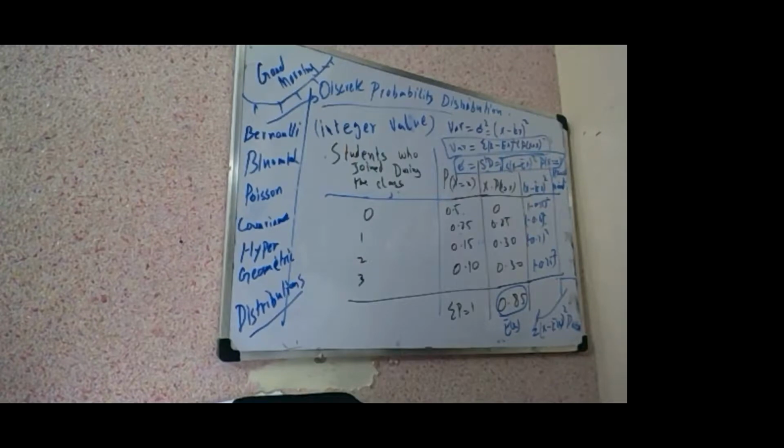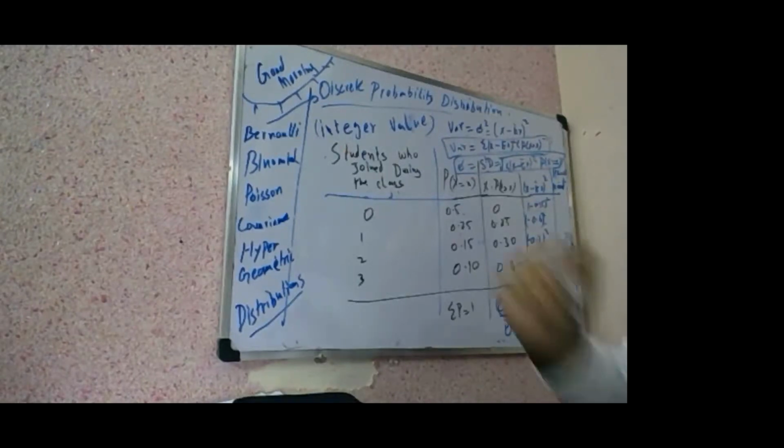We already talked about this in detail in the last lesson. There can be further specific discrete probability distributions, as I told you, and the basic one is the Bernoulli distribution, and we're gonna start today with the Bernoulli distribution.